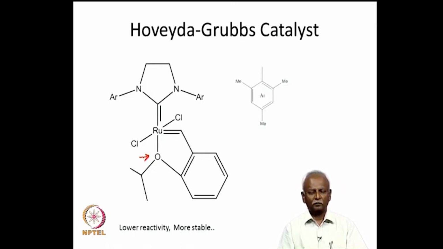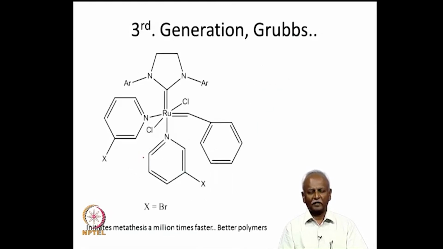After Hoveyda made this modification for the Grubbs catalyst, the Grubbs second generation catalyst was the one which was most useful, but it was not very reactive.